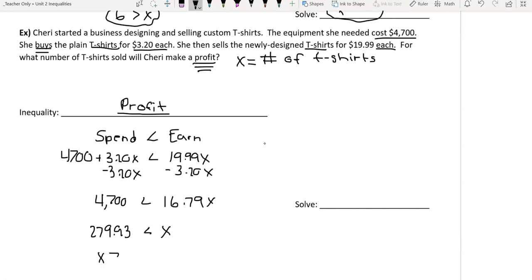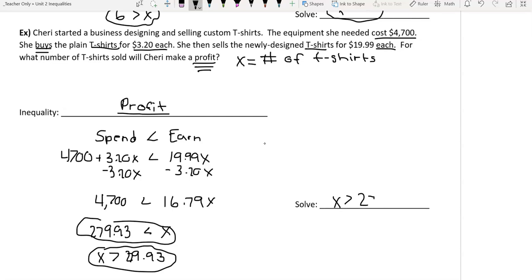Okay, so then you just have to think. And I'm going to rewrite it this way just so we can talk about it in both senses. 279.93. Both of these are answers though. So if x has to be greater than 279.93, then you have to think about should I round up or down? In this case, since it's not or equal to, x being greater than 279 is okay.